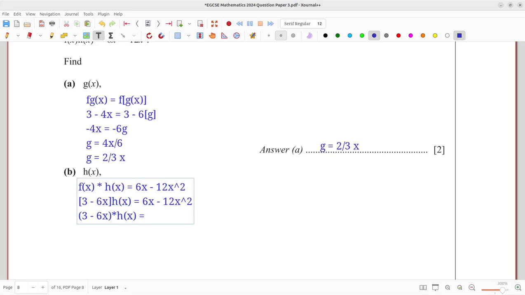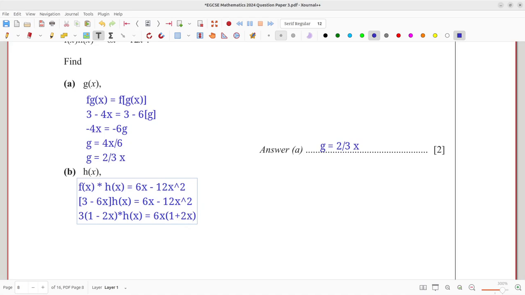This is equals to, let's see, we have a common factor on both functions. For this one, the common factor is 3. So let's take out 3, then you will be left with 1 minus 2x. Then this side, common factor is 6x into 1 minus 2x.